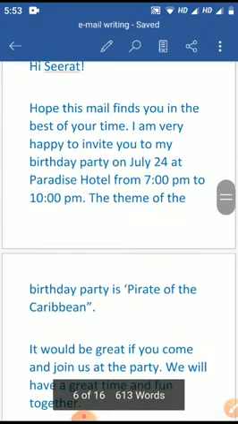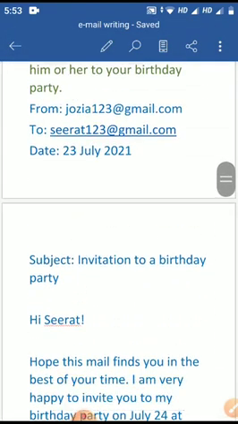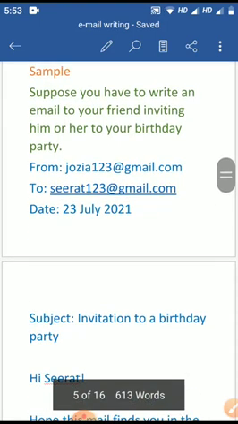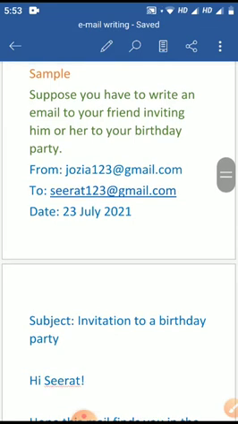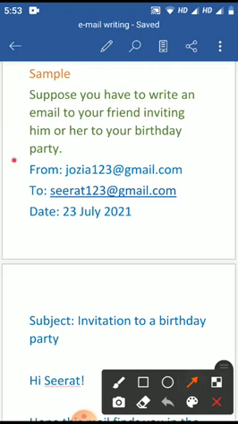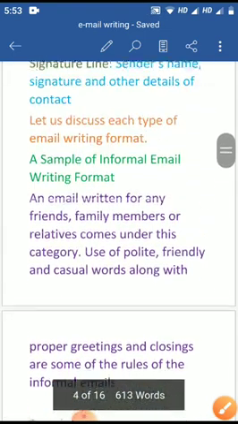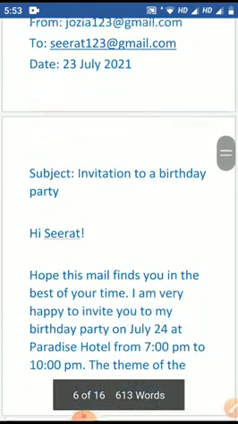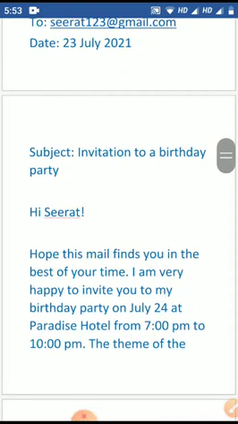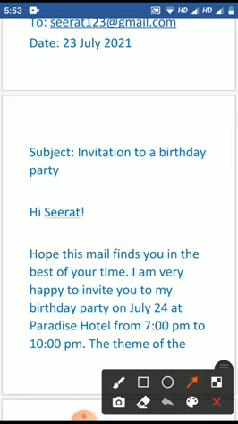Here you will see in this sample the spacing. We have to keep in mind where we have to space. There is no space in these three lines. First three lines you can see no space, from to date. Then we have to leave the space. Then write the subject. After the subject we have to leave space again.